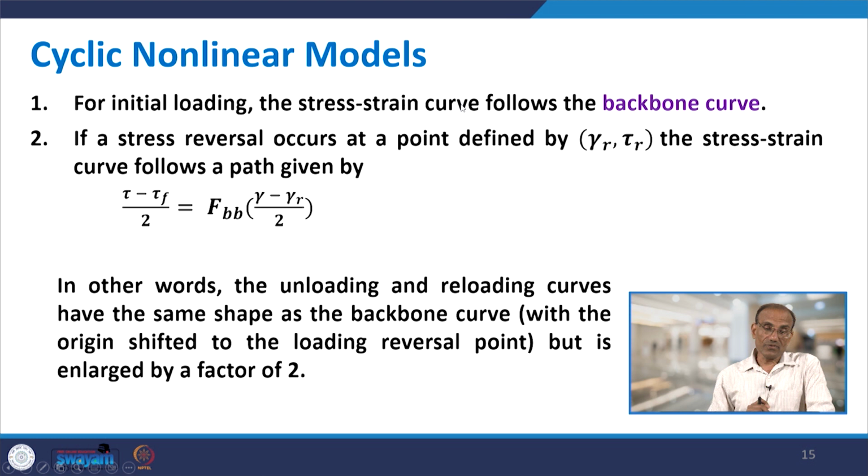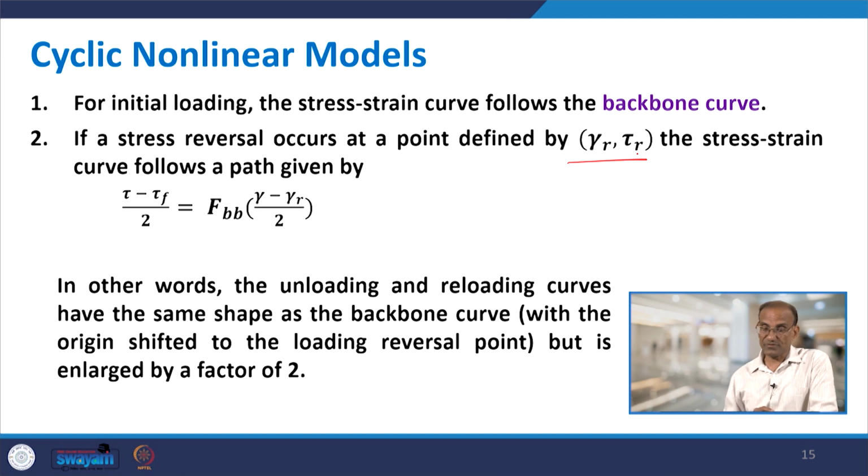First rule, for initial loading: when you start the loading, the stress strain curve will follow the backbone curve. The backbone curve is already known and the stress strain curve will follow it. That is the first rule. Naturally someone will ask up to what point it will follow. It follows up to a stress reversal at a point defined by gamma r and tau r.